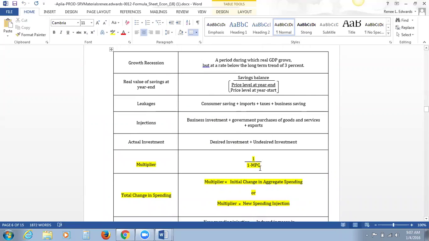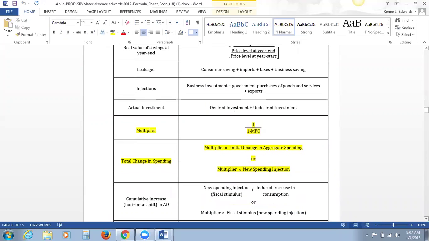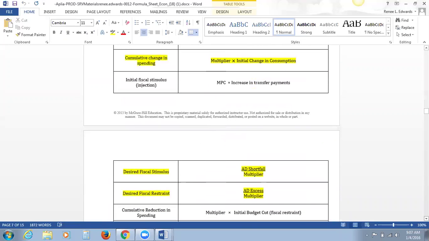And so if I want to know the total change in spending, I can take my multiplier times my initial change in aggregate spending or injection, right? I know that I have a gap of 400. All right, so I have a shortfall of 400. So I need to figure out how much stimulus I need, and I need to divide my shortfall, which is 400, by my multiplier.